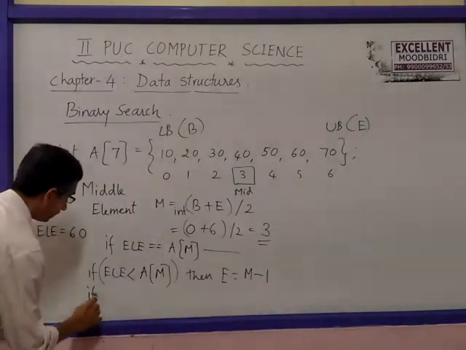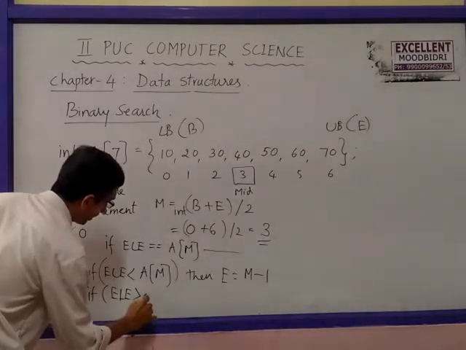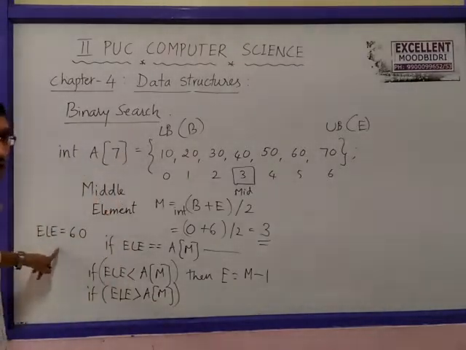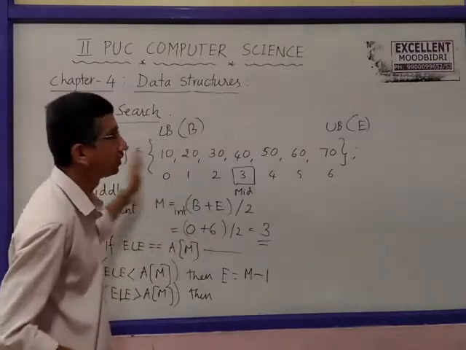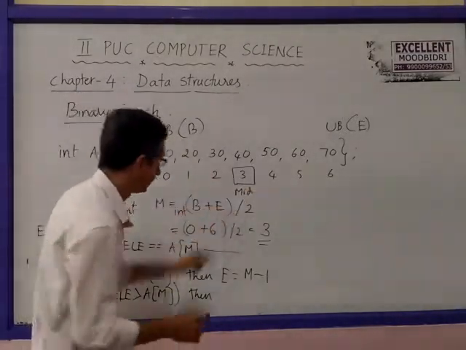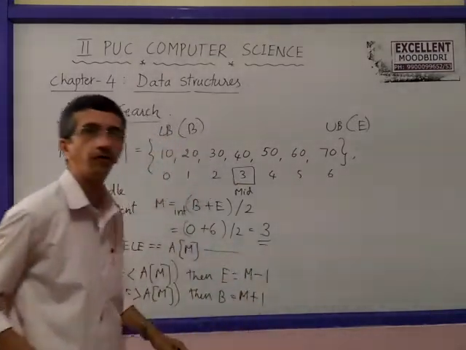Or if the element is more than a of mid, as in this example, then we should leave the lower half. That is why beginning should be modified to mid plus 1. Beginning is equal to mid plus 1. Hope you understood this.